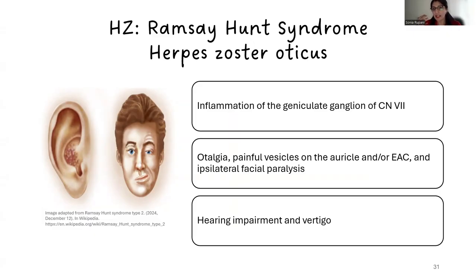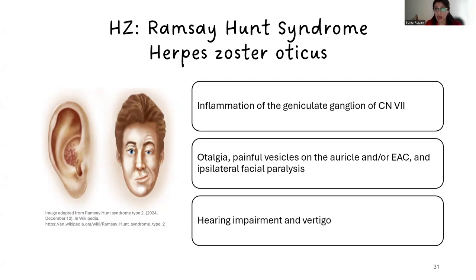With cranial nerve 7 involvement, it will cause ipsilateral facial paralysis. If you ask them to smile, we see a droop, and they cannot close their eyes. There's loss of wrinkling because this is a lower motor neuron lesion. Also, they will have ear pain and vesicles on the auricle or in the external auditory canal.